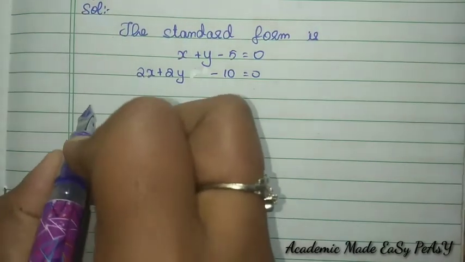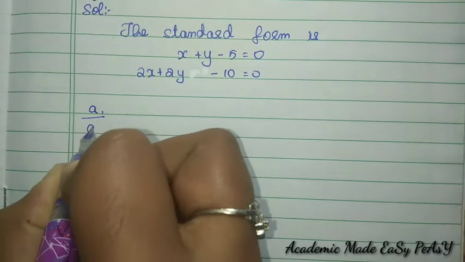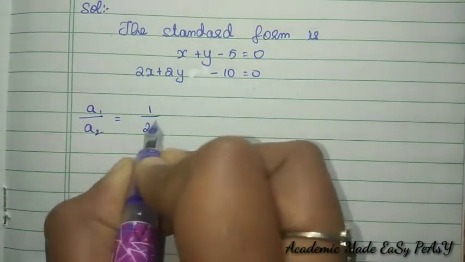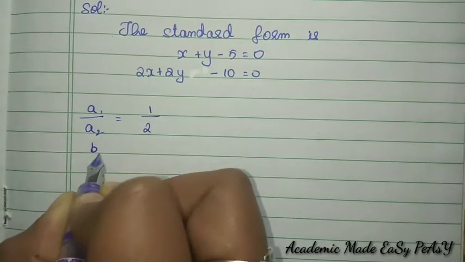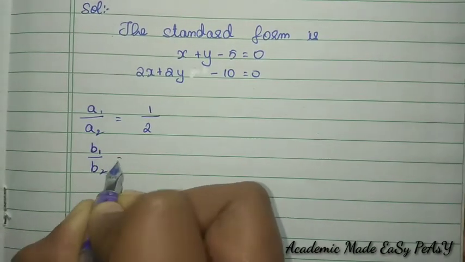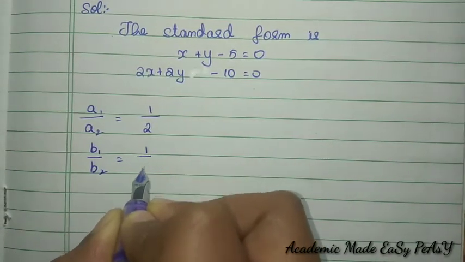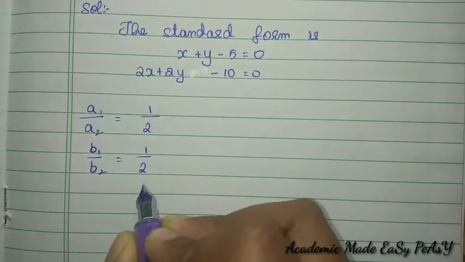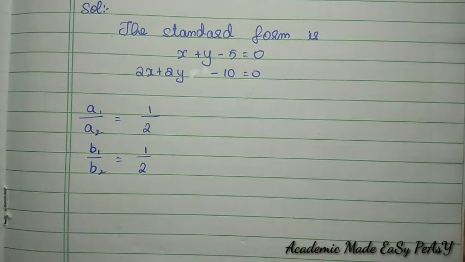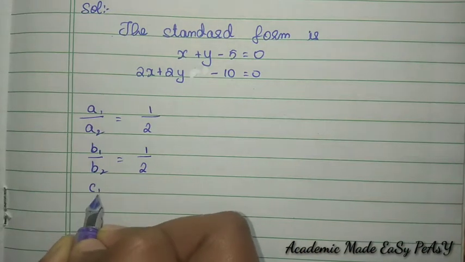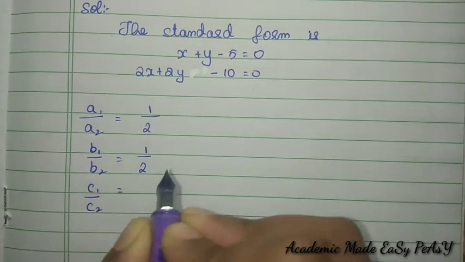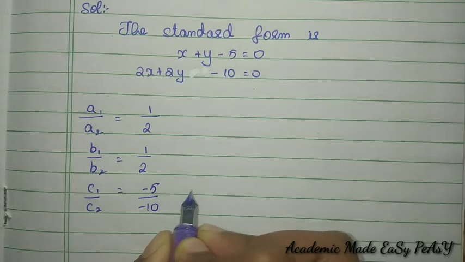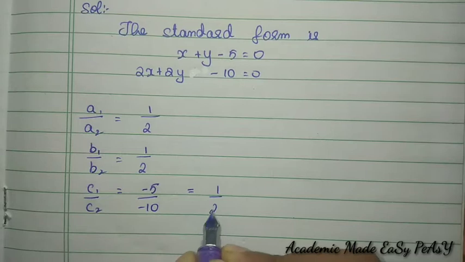So now we will be taking the ratios. a1 by a2 is 1 by 2. Now let's move to b1 by b2, which is also 1 by 2. Since a1 by a2 is equal to b1 by b2, I am moving on to the third ratio, c1 by c2. c1 is minus 5 and c2 is minus 10, so it is 1 by 2.